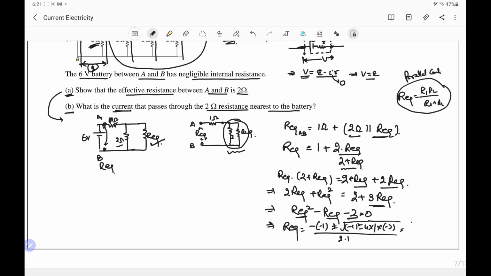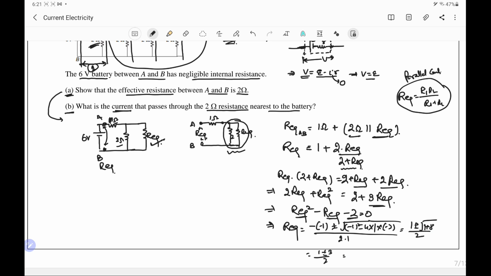So it will give 1 plus or minus the square root of 1 plus 8, divided by 2. Hence it gives 1 plus or minus the square root of 9, which is 3, divided by 2.